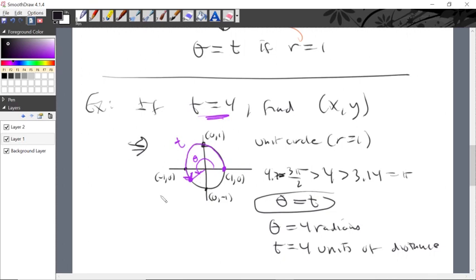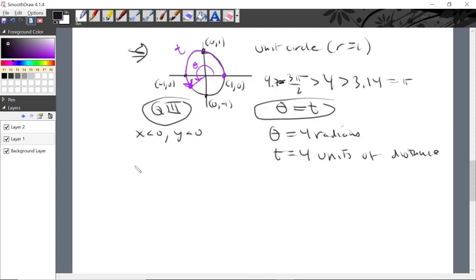And this puts us in quadrant 3. And in quadrant 3, we expect the x-coordinate to be negative and the y-coordinate to be negative as well. Now, how can we find the x-coordinate and the y-coordinate?